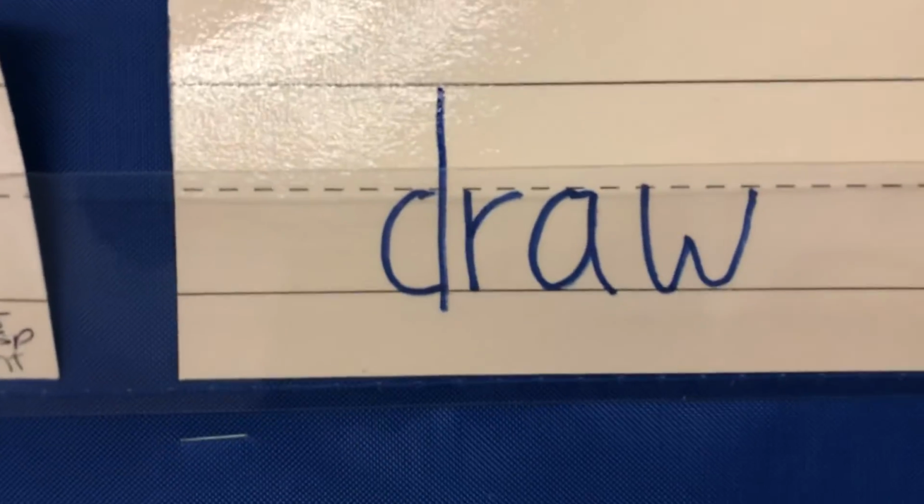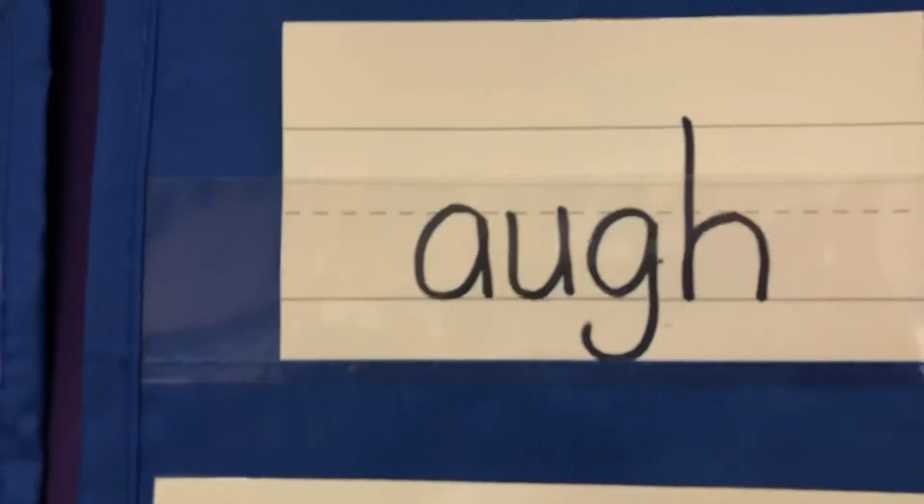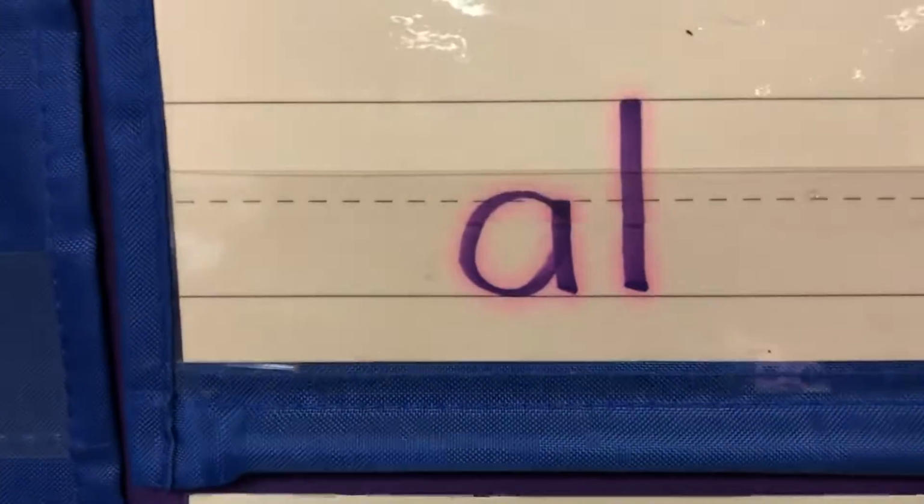Aw, thaw, aw. AUGH or AUGHT for the spelling words. Ought, ought. And then the sound spelling for AL.